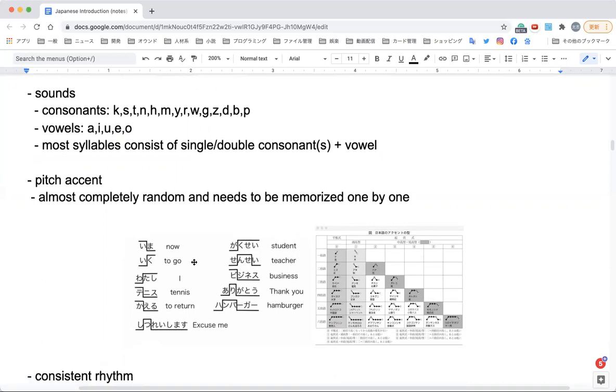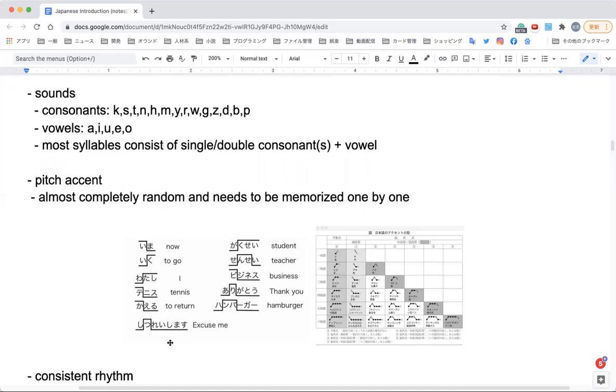The accents are shown like this: ima, going down, iku, and watashi, 失礼します, going back up and down. So there are these kinds of patterns, and the pattern is decided word by word, and it's almost completely random for each word.